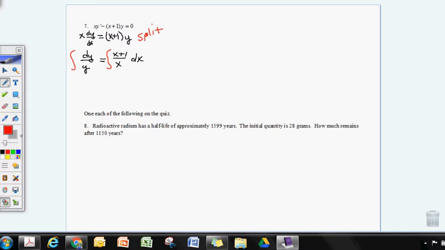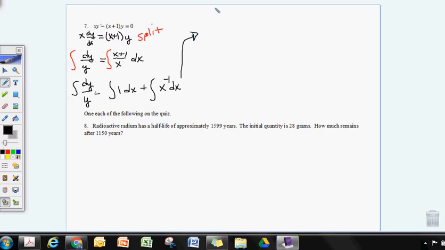So notice I tried to give you a little variety here of things. So I have the integral of dy over y is going to equal the integral x divided by x is 1 dx, added on to the integral of 1 over x is x to the negative 1 dx.